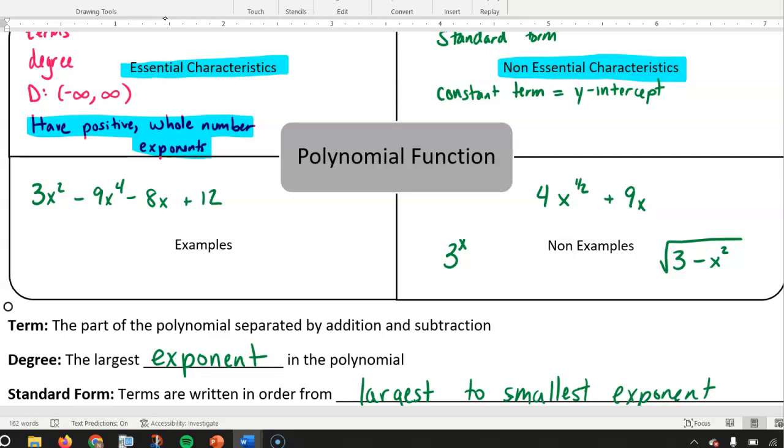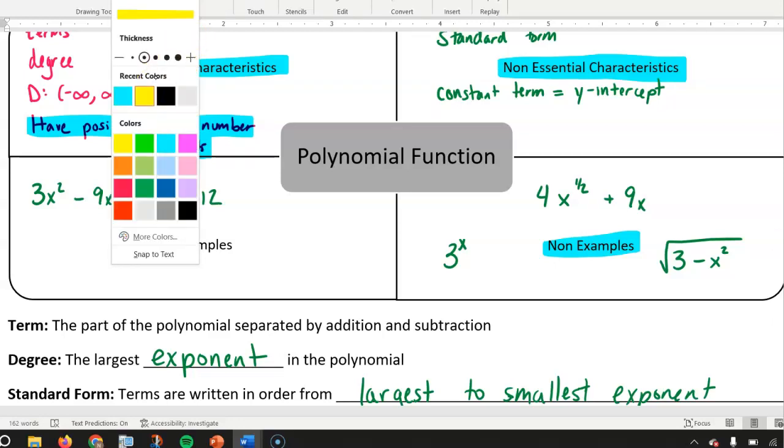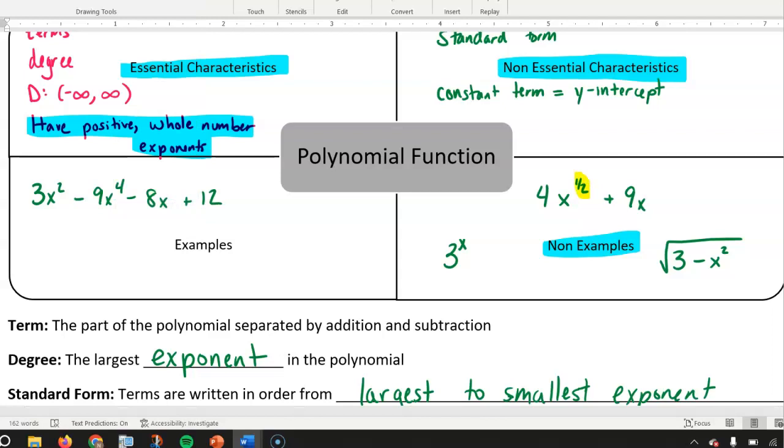So the next box, these have some non-examples. So that's important because there's tons of examples we could come up with, and these are some examples of non-examples. So the first one, that would not be a polynomial because you have an exponent that's a fraction, and you can't have exponents that are fractions. The second one, we have an exponent that's a variable, and again, we cannot have exponents that are variables either.